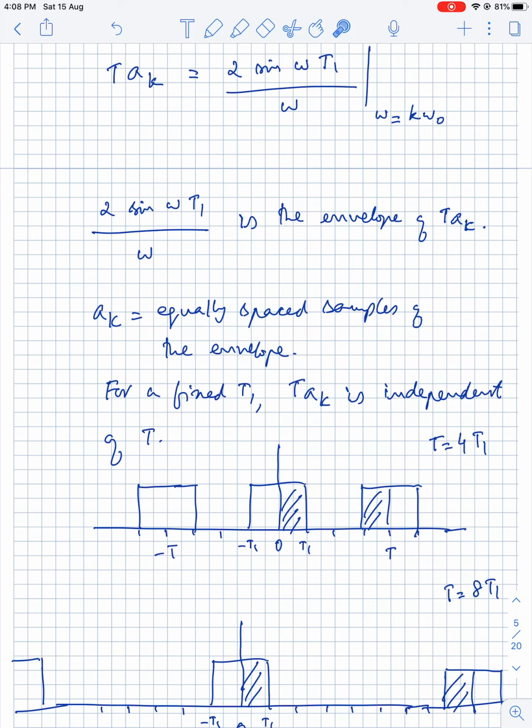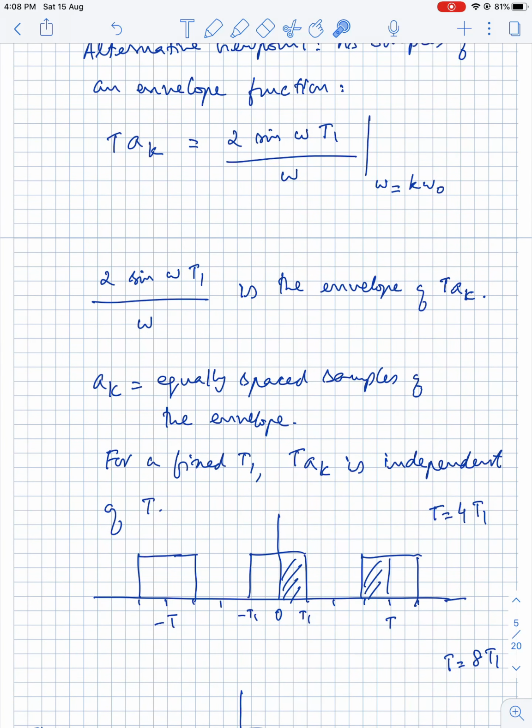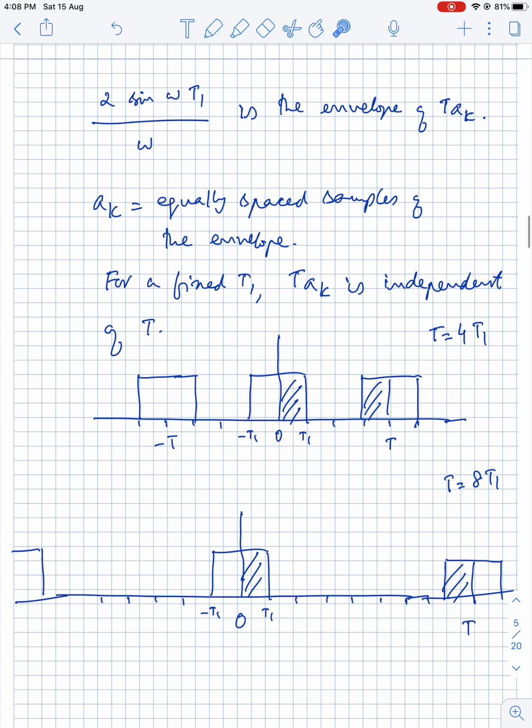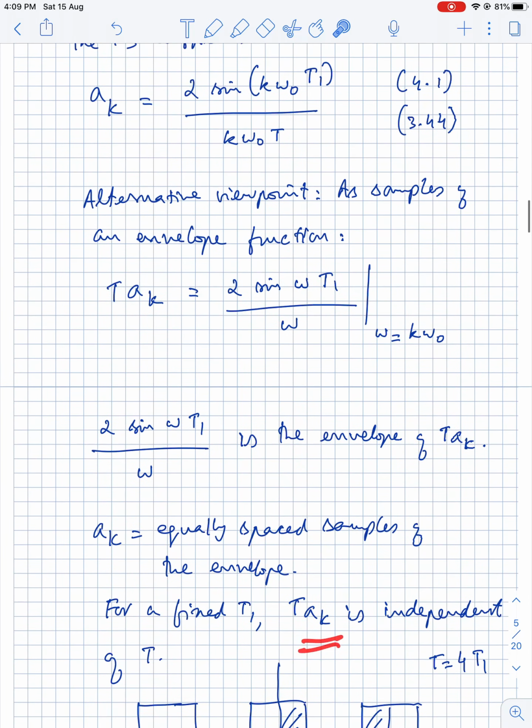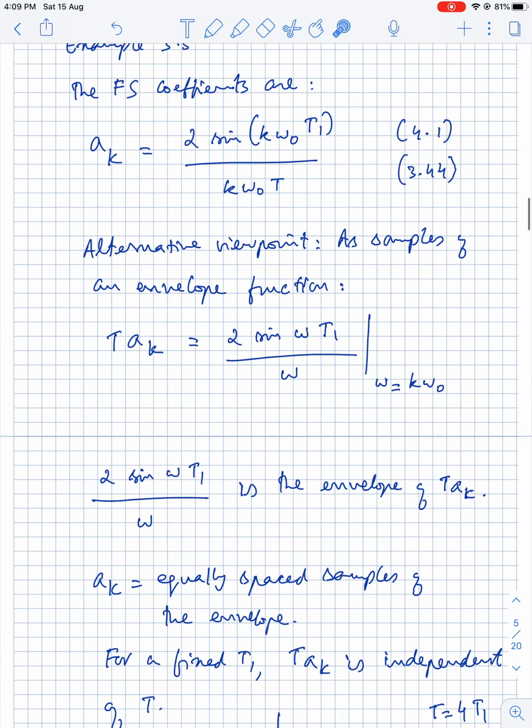Now one important observation, coming back to this periodic square wave again: suppose you are fixing T1. For a given T1, the T a_k envelope is independent of T. If you see the expression as a function of omega, and you are fixing T1, this depends only on T1.